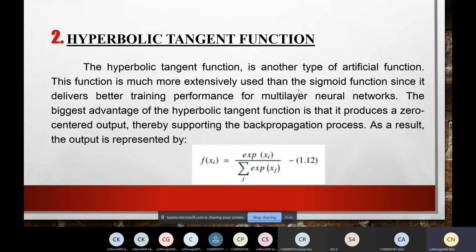The biggest advantage is that it produces a zero-centered output, thereby supporting the backpropagation process. This function has been mostly used in recurrent neural networks for natural language processing and speech recognition. It is a smoother, zero-centered function having a range between -1 and 1 as a result.